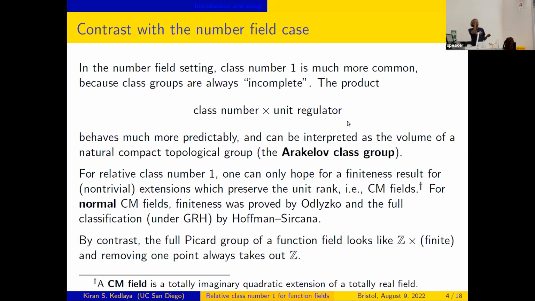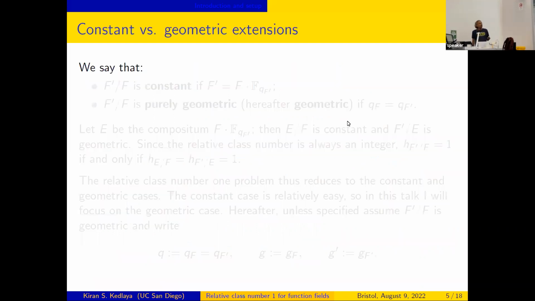By contrast, when you're talking about function fields, there's not this concern about the unit rank. So you can really ask this question about arbitrary extensions as long as you take out the trivial exceptions. Okay. So I'm going to distinguish two subcases. I'm going to say a function field extension is constant if it is the compositum of the base field with some finite field.